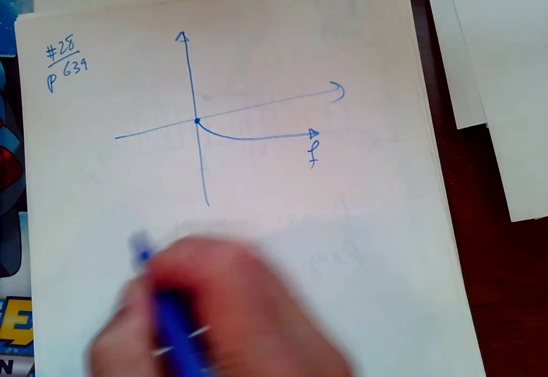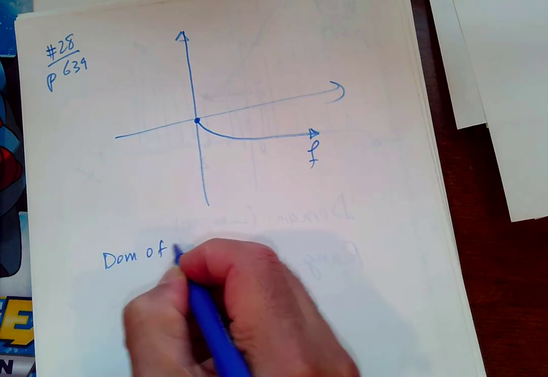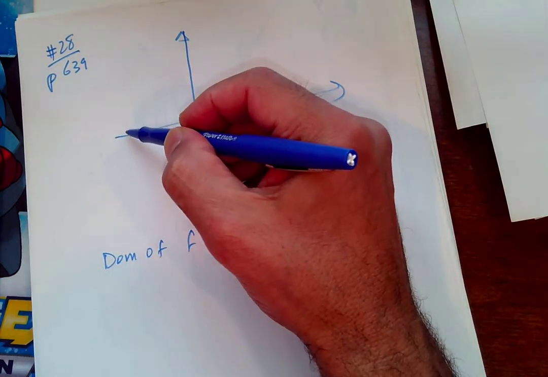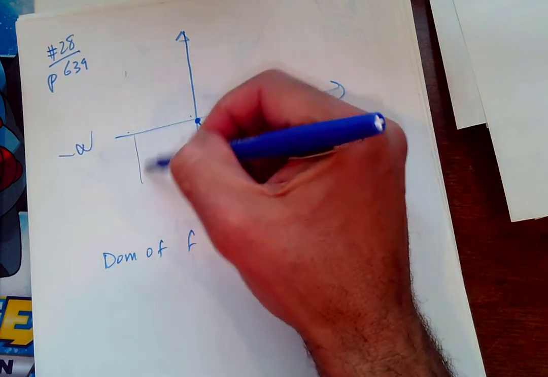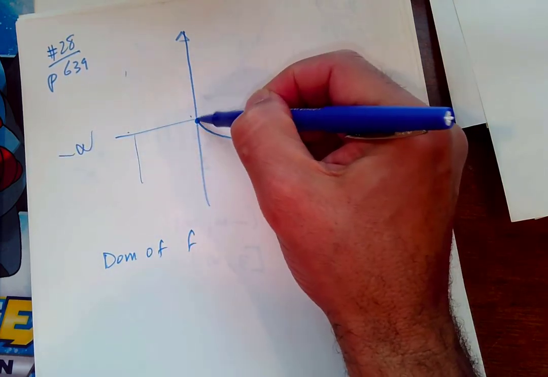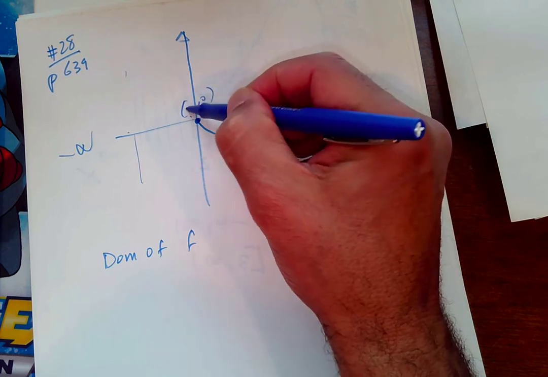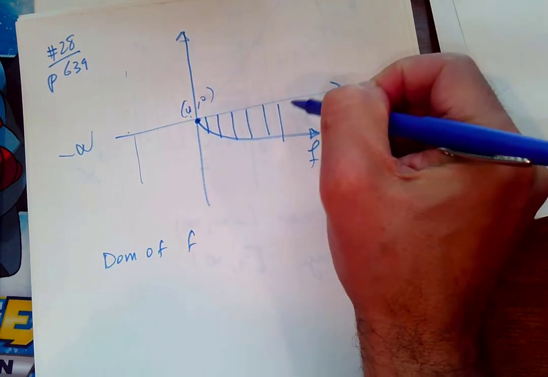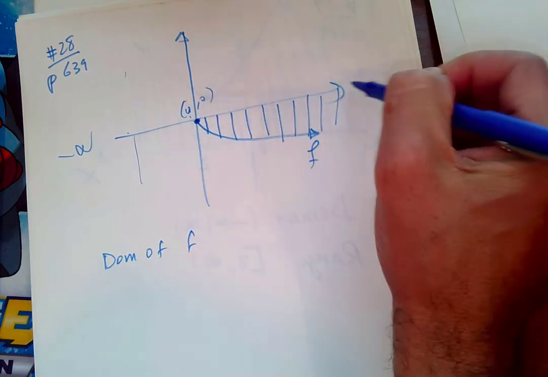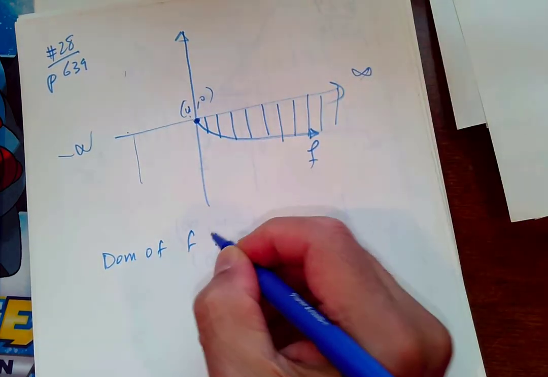That's your f. So domain of f. Again, your x values, if you pick any x value here, there is no graph. From negative infinity to 0, there's nothing. Now when you start at 0, you have a y value of 0, so that's in the domain. 1 will have a negative y value. As long as you have a y value, I don't care. So from 0 to infinity, you will always have a y value. So 0 to infinity.